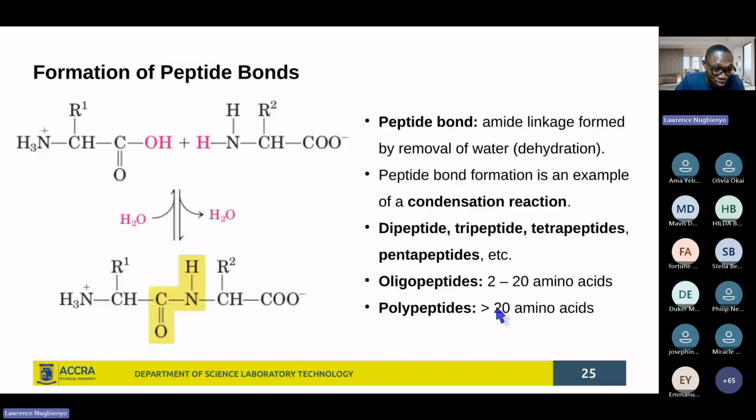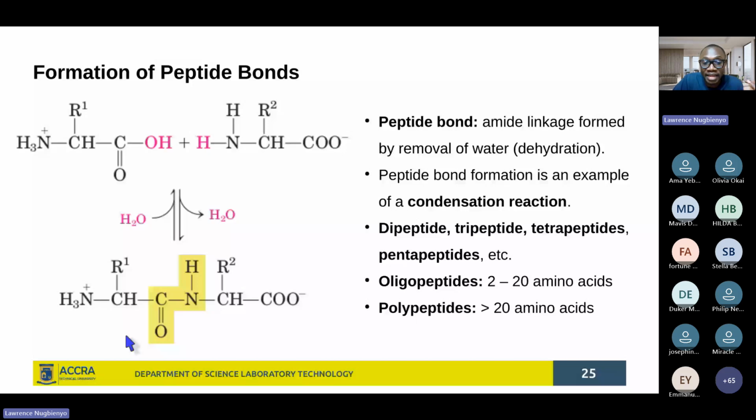And the chain can continue also on the left side when you have another amino acid reacting, the carboxylic acid group reacting with the hydrogen on the amine group. And the chain will continue to grow. So you have, from a dipeptide, you can have a tripeptide. That's having three amino acids in it. You can have a tetrapeptide.